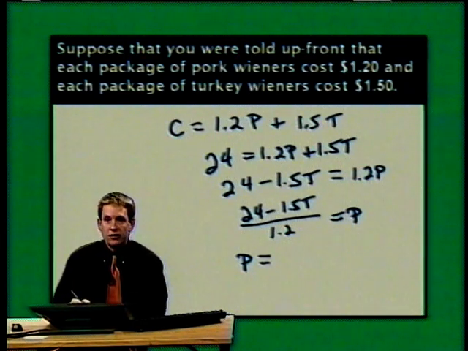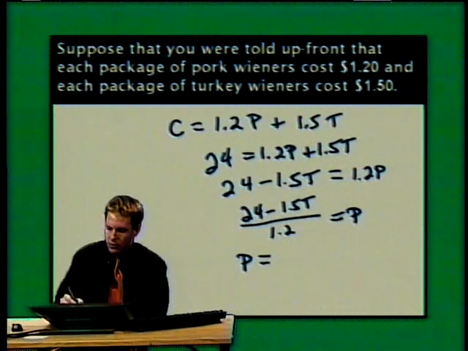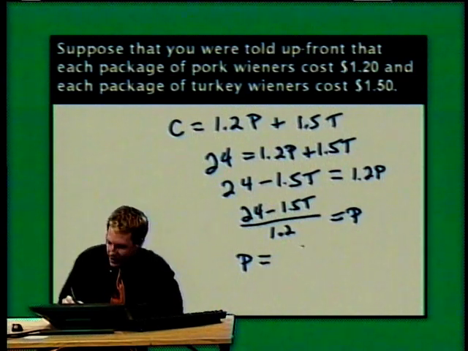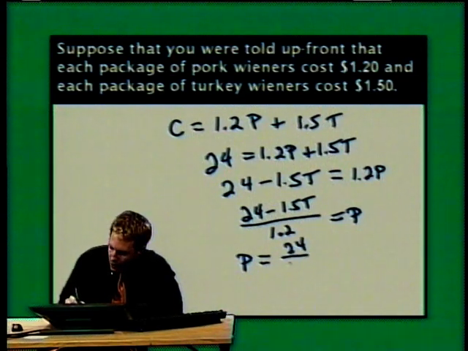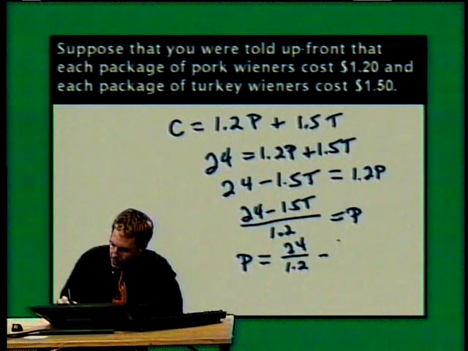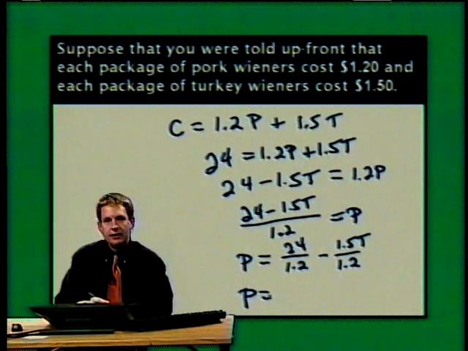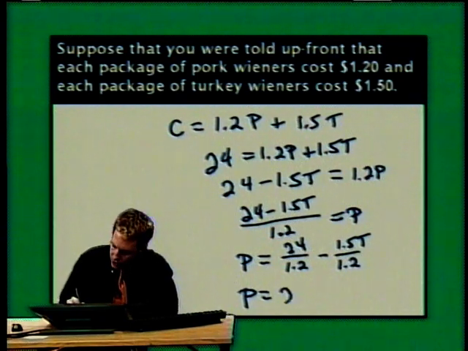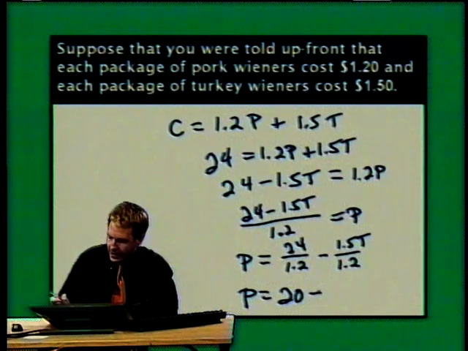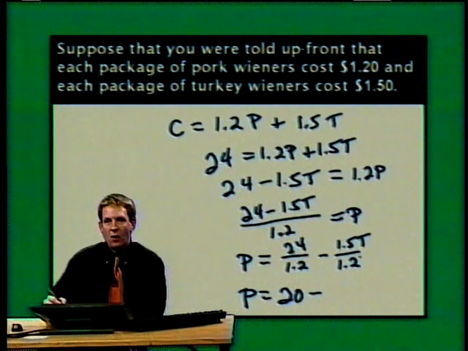I need to distribute the denominator of 1.2 to both terms in the numerator. So that's going to be 24 over 1.2 minus 1.5T over 1.2. So when it's all said and done, P is equal to 20 minus (1.5 over 1.2)T. That's the same ratio as 15 over 12. 15 and 12 both have factors of 3.